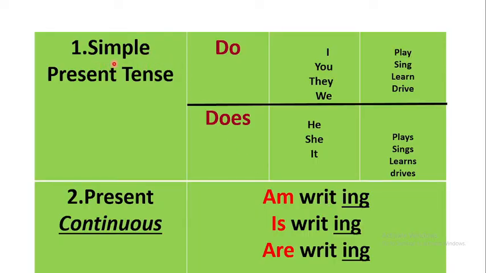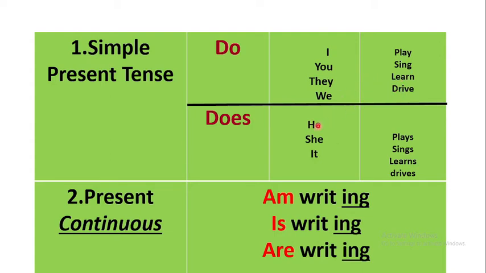You can see. Simple present tense speaks about do and does. Do always says about I, you, they, we, and does always focus on he, she, it. I play, you sing, they learn, we drive. It goes like that.